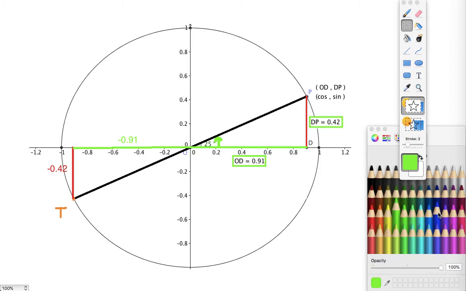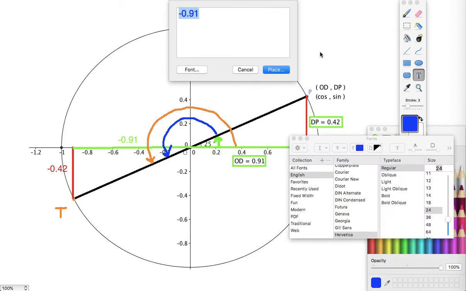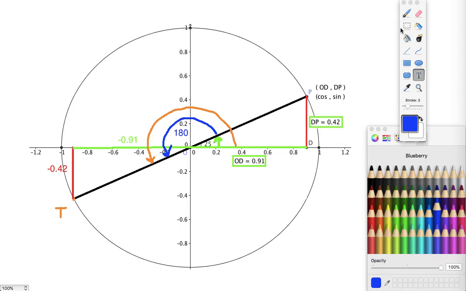Now, how do I find out what is the angle for T? So T's angle goes from here all the way over to this line here. The way you do this is by figuring out this distance that goes from here to here. And since that's basically a straight line, that is going to be 180 degrees.